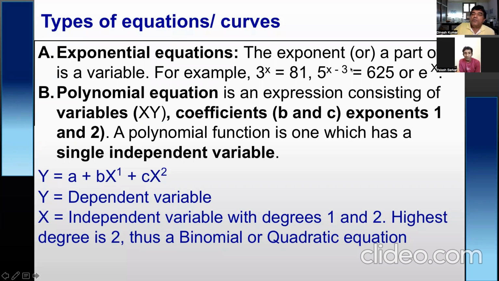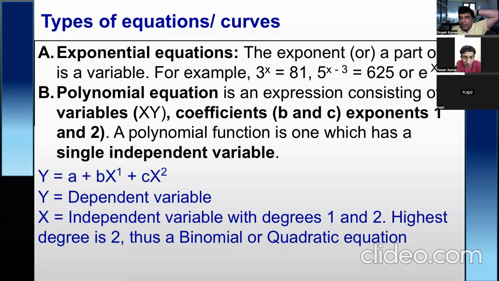Such equations are exponential equations, where you see x is there in the power. A polynomial equation is an expression consisting of variables, coefficients, and exponents 1 and 2. A polynomial function is one which has a single independent variable.